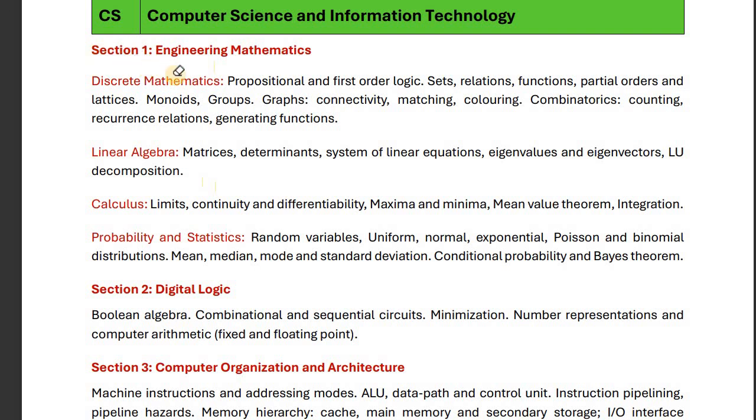The first subject is engineering mathematics. In engineering mathematics, there are approximately 4 topics: discrete mathematics, linear algebra, calculus, and probability. If I tell you about myself, I have covered discrete mathematics.